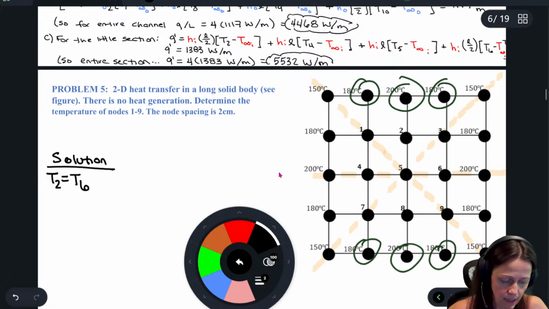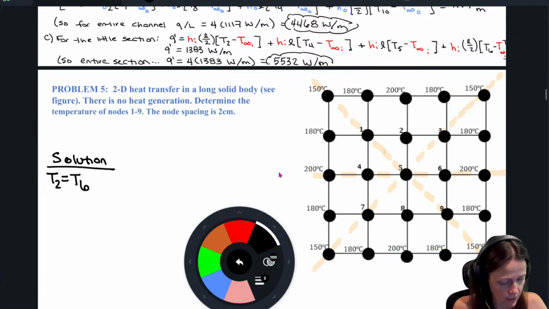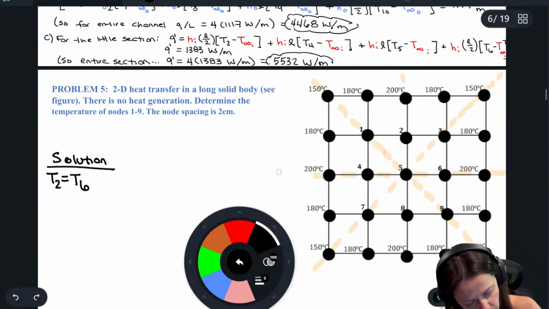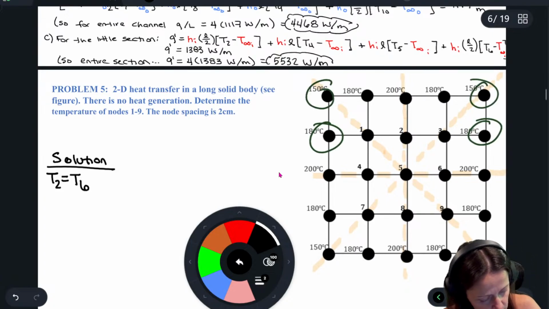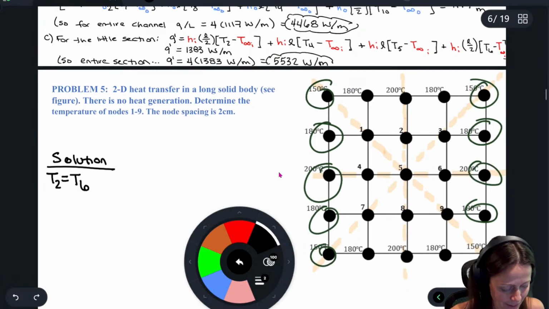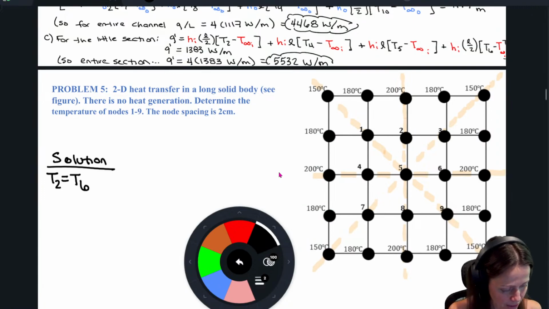So you can see there definitely is one down the middle, or horizontally in the middle. There's also one right here. We see that because this and this are the same, this and this are the same. Okay, great. So we have this lovely thermal symmetry here.